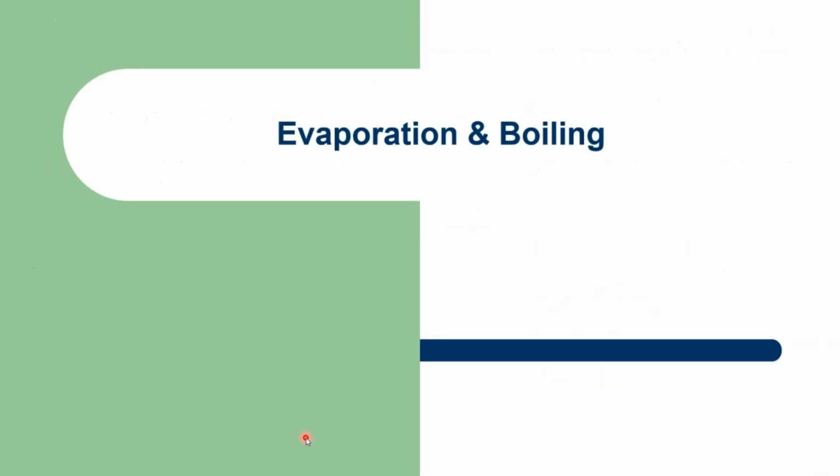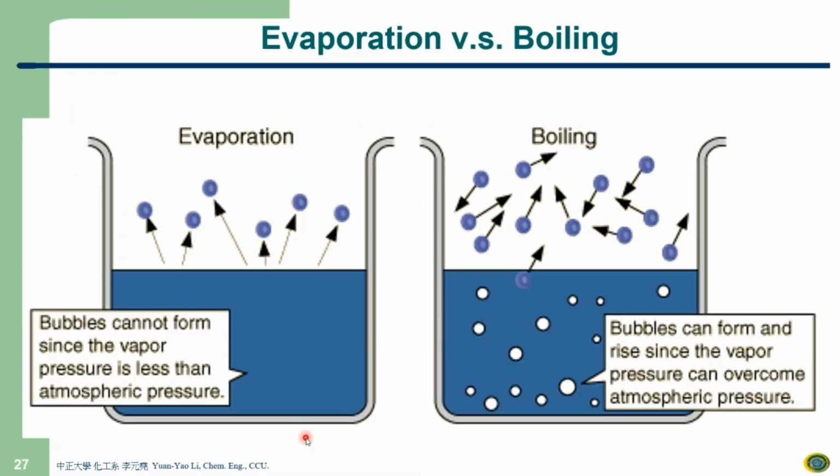The next topic today is evaporation and boiling. We have learned this before. Now let's use a more scientific way to describe the difference between vaporization and boiling. Before, we understood that in vaporization the bubble cannot form since the vapor pressure is less than the atmospheric pressure, so the water molecules only vaporize from the surface.